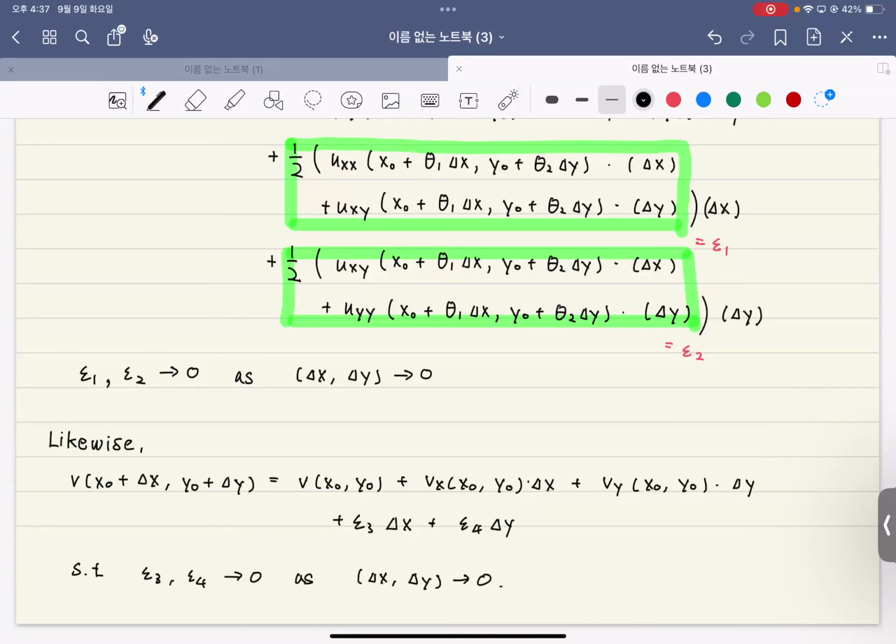So we can find such four nice functions, epsilon 1, 2, 3, and 4.